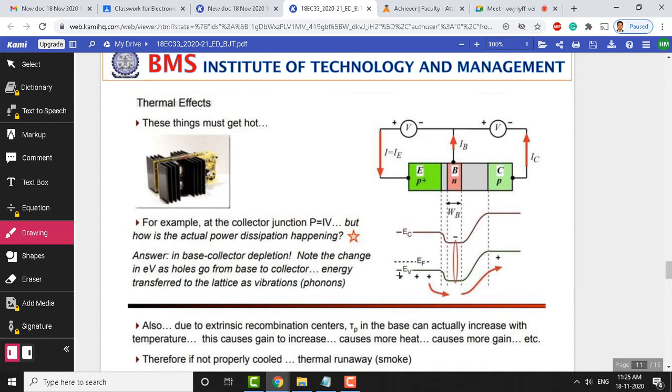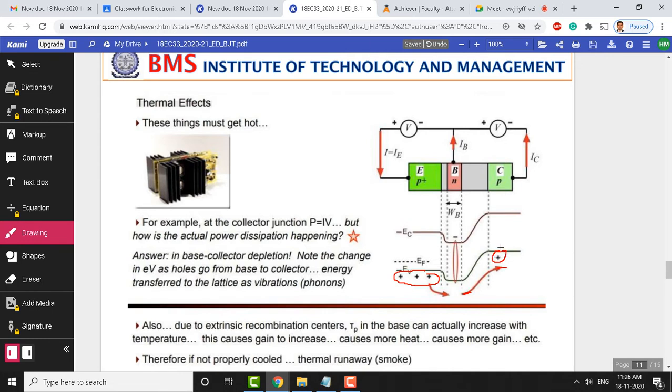As you are seeing here, the holes are moving from this emitter region, which is of lower energy level, to the higher energy level here. So, while moving from the lower energy state to the higher energy state, they give energy to the neighboring atoms.